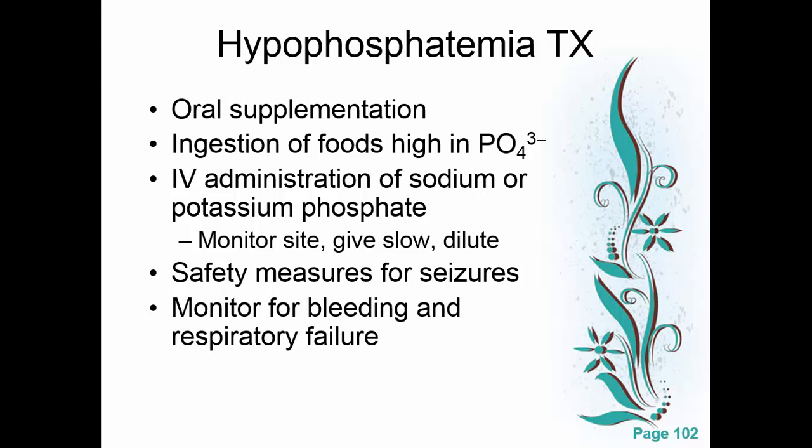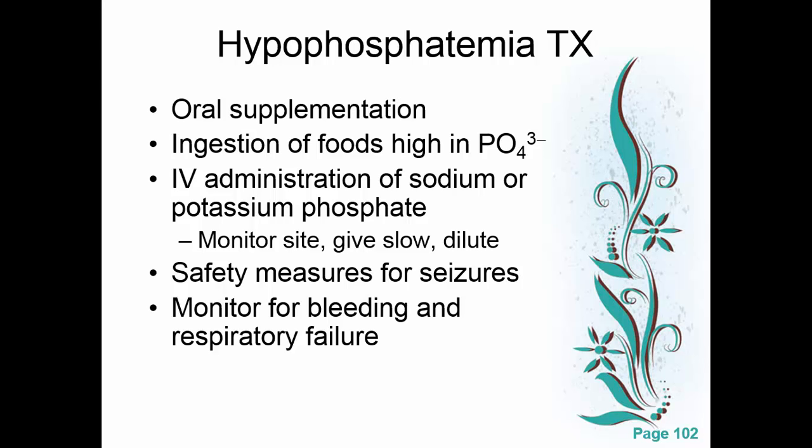Treatment is through oral supplementation, ingestion of foods high in phosphorus, IV administration of sodium or potassium phosphate. You want to make sure that patients are on a cardiac monitor during IV infusion due to the increased risk of arrhythmias.